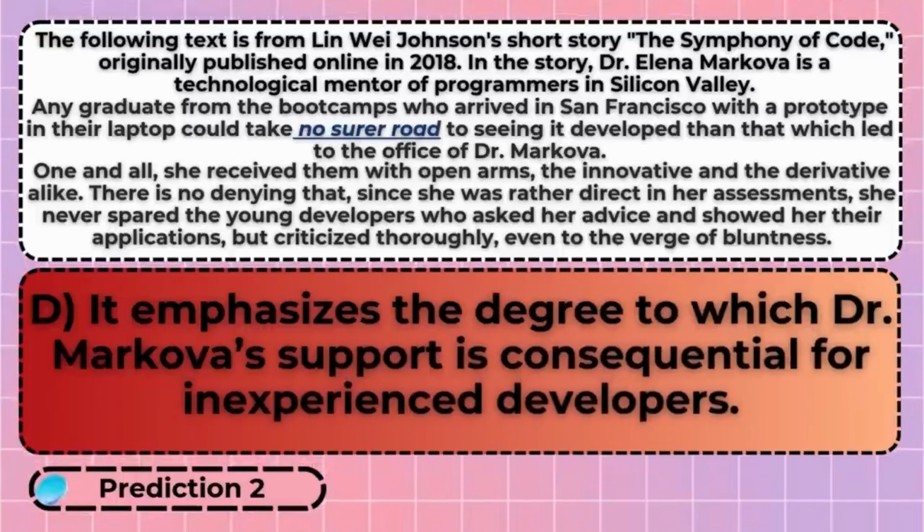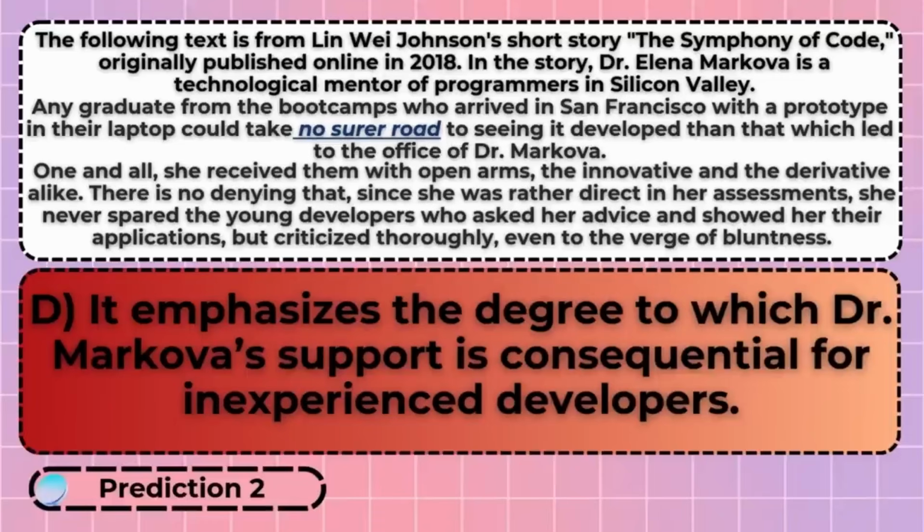Boom, this matches our summary perfectly, and the passage tells us going to her is the best way to get an idea developed, which shows how important her help is for new programmers. So the final best answer is choice D. By breaking it down this way, even if you didn't really understand the passage wholly, you can follow the logic and see why D is the best choice.